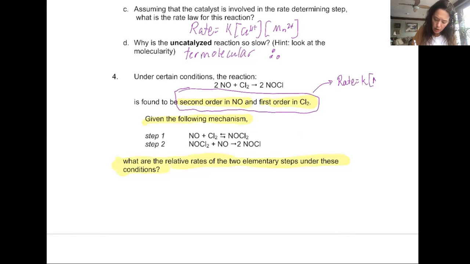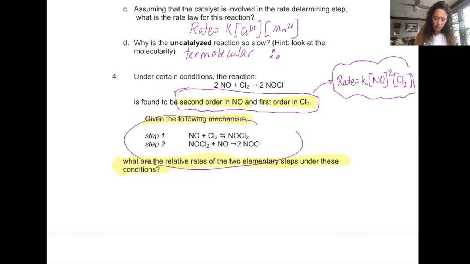Second order NO is NO squared and first order Cl2. Okay, well, we've got to take this and now figure out which one of these must be the slow step.